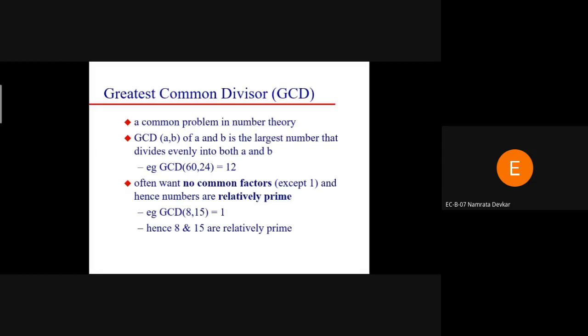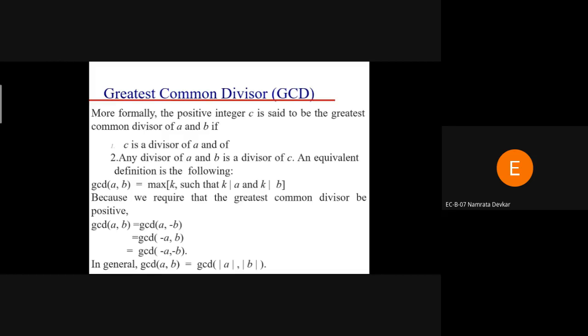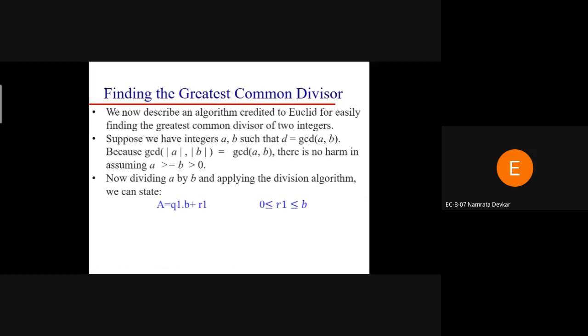In order to find the greatest common divisor, we have one particular algorithm, and that algorithm is called the Euclidean algorithm. We take two integers, integer a and integer b.